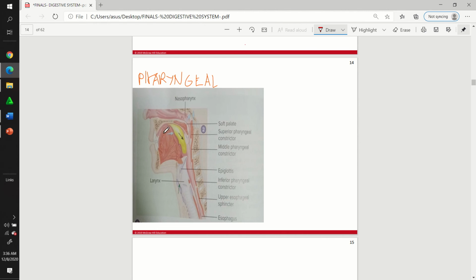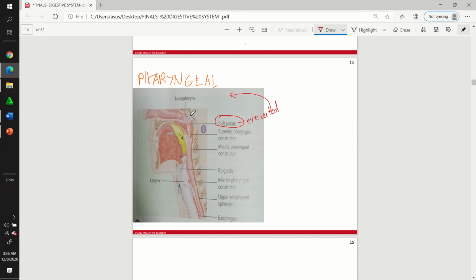In pharyngeal phase class, the soft palate here, you see that? The soft palate is elevated. If your soft palate is elevated because of the presence of your bolus pushed by the tongue, what happens now to your nasopharynx? If your soft palate is elevated, you see that arrow class?